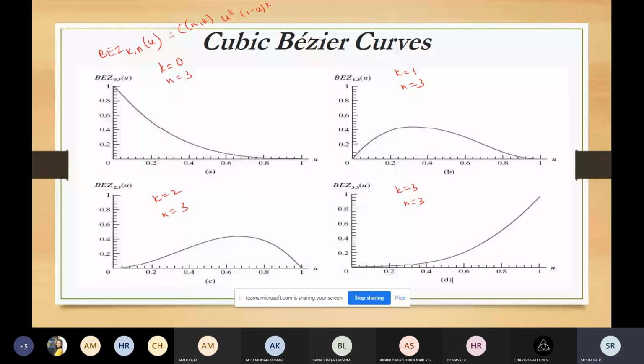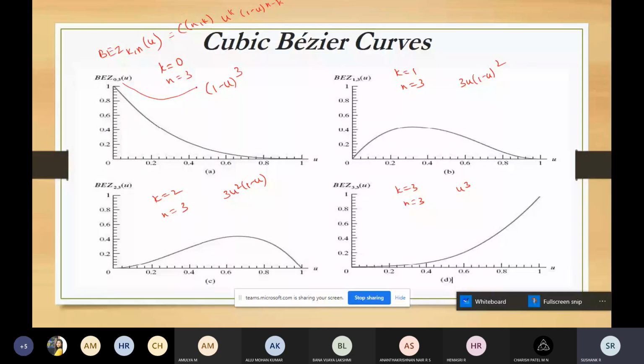If you substitute k as 0 and n as 3, the first equation will be 1 minus u power cube, the next will be 3u into 1 minus u square, then 3u square into 1 minus u, and the last will be u cube. So you are getting these four functions for Bez of 0 comma 3.